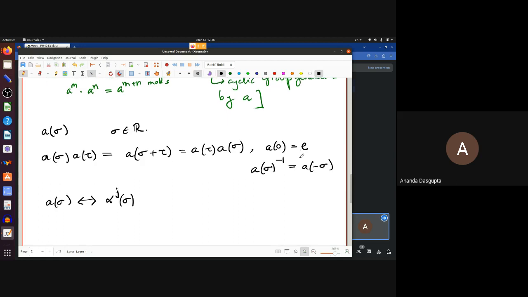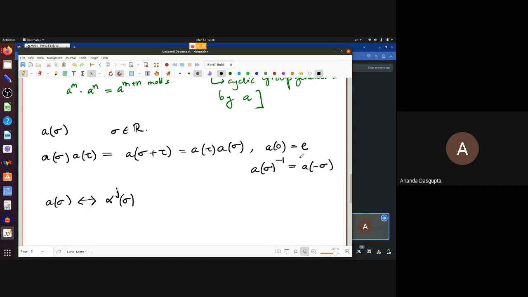Now, just because I'm using the word parameters too much, let me change nomenclature a bit. I'm going to call alpha j the coordinates for the group element, and sigma is the parameter which parameterizes each one of the coordinates. So as sigma changes over the real number line, the coordinates of the group element change, which of course is in one-to-one correspondence with the group elements.